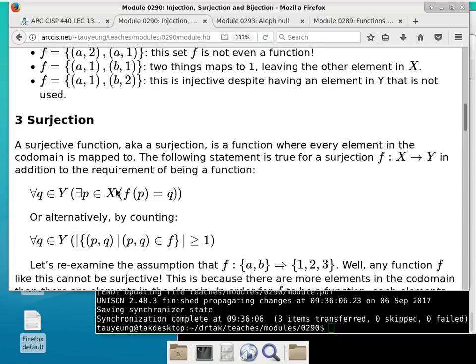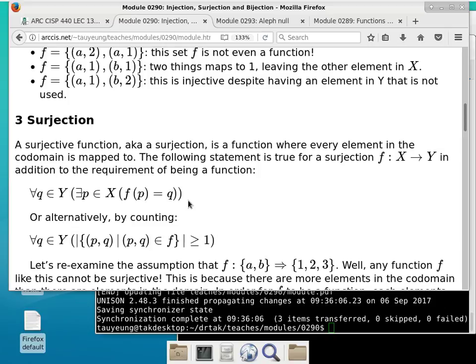Correct. So let's take a look at the mathematical notation of what surjection may look like, which is this statement here. It says, for every Q in the codomain, there has to exist a P in the domain such that f(P) equals Q. That's one way to look at it.